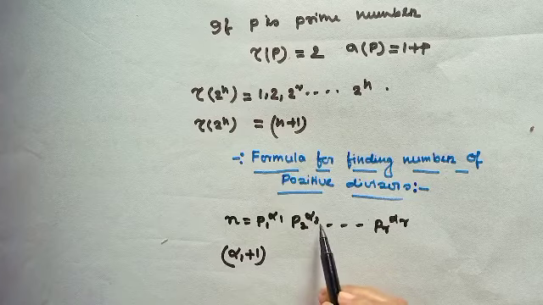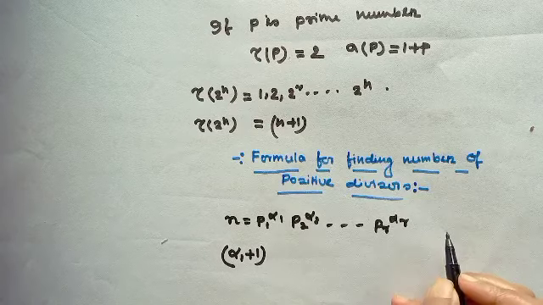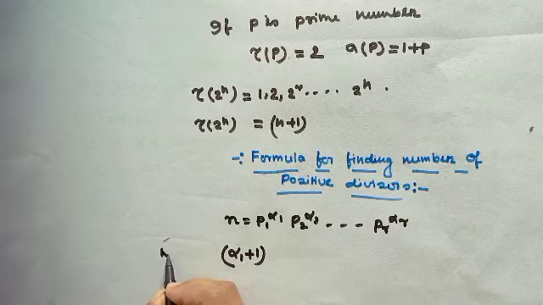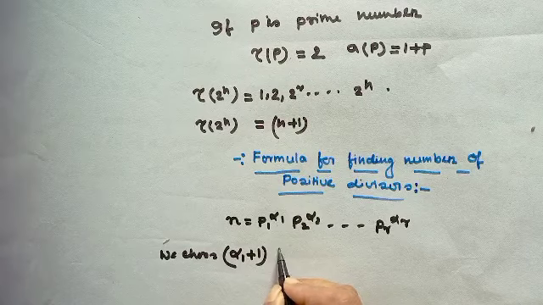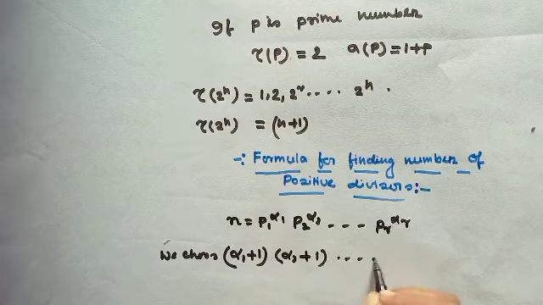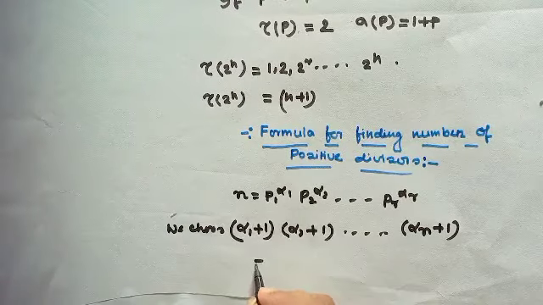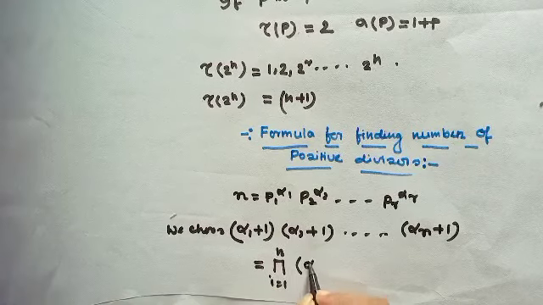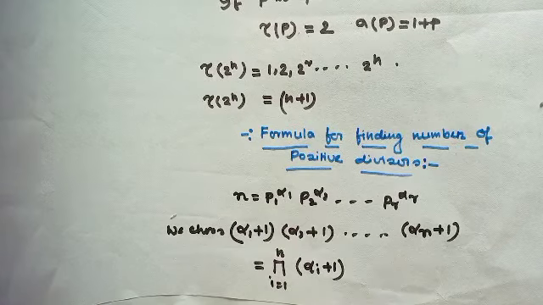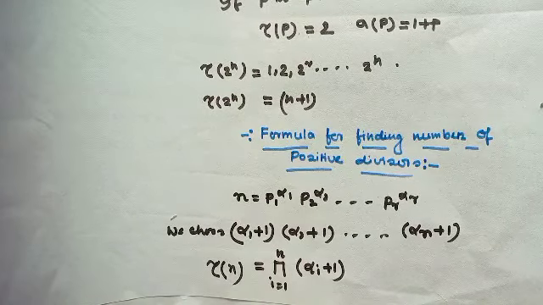Similarly, p2 to the power alpha 2 in alpha 2 plus 1 ways, up to alpha r plus 1 ways. Okay, that means the count is the product over i of alpha i plus 1, and this is tau n of any number.